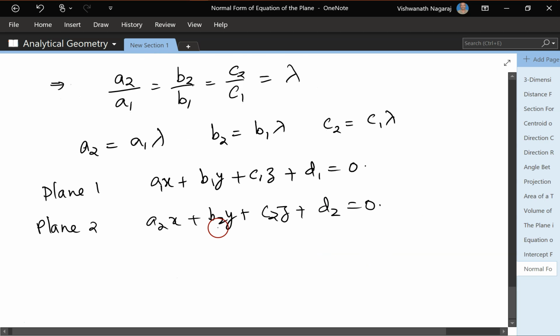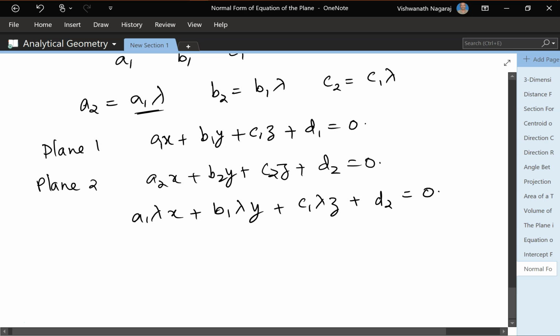Now we want to write this in terms of a1, b1, c1. So a2 can be substituted, giving a1 lambda x plus b1 lambda y plus c1 lambda z plus d2 equal to 0. Right? Now we want to remove these lambdas.